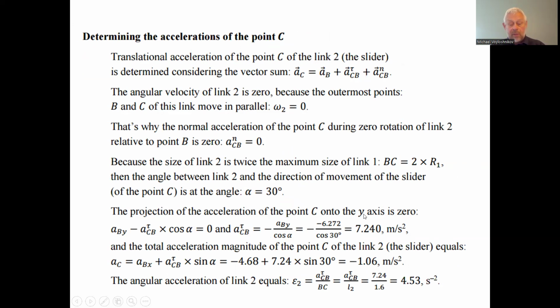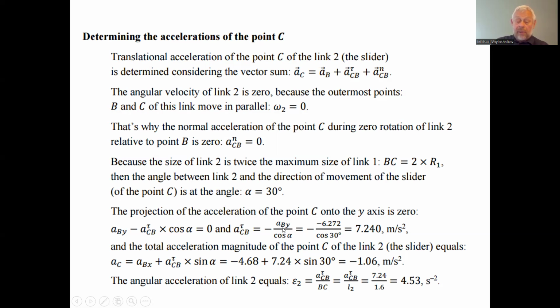The projection of the acceleration of point C onto the y-axis is the projection of the acceleration of point B on the ordinate axis minus the tangential acceleration of point C relative to point B multiplied by the cosine of alpha. We can find the tangential acceleration of point C relative to point B as the acceleration of point B projected on the ordinate axis divided by the cosine of the angle of inclination of the connecting rod to the horizontal axis.